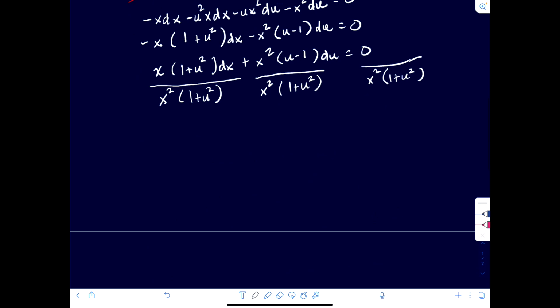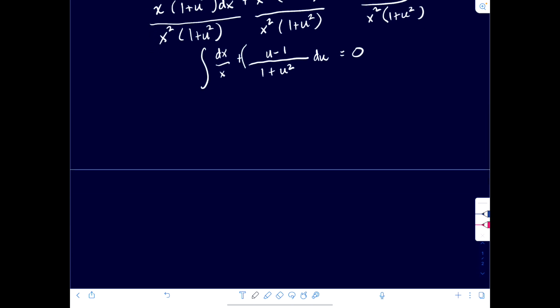So this will give us dx over x, which is what we wanted, plus (u minus 1) over (1 plus u squared) du is still equal to 0.